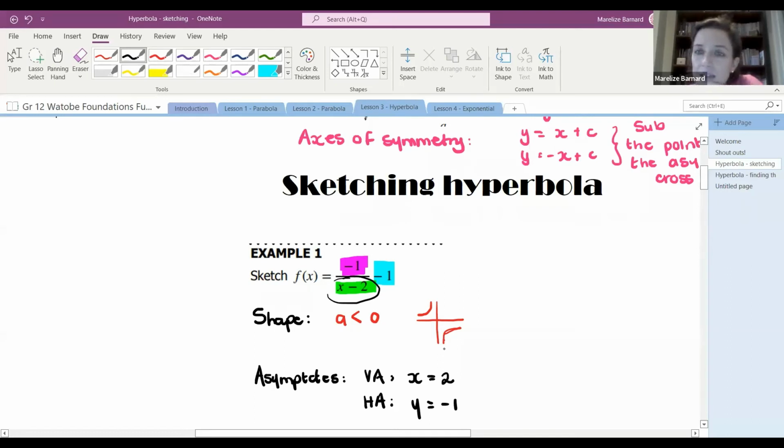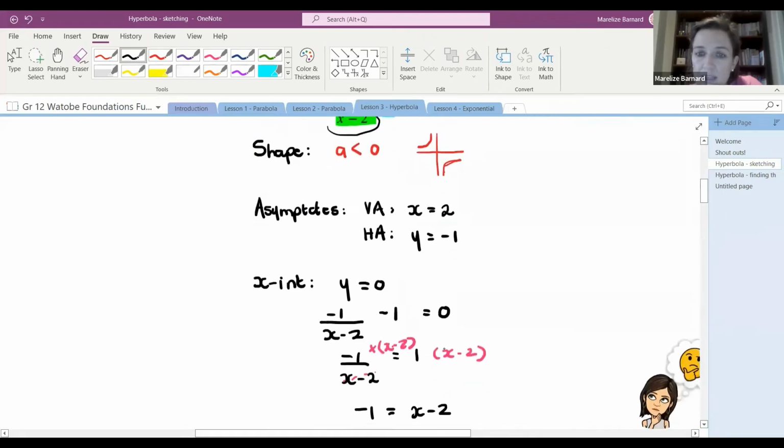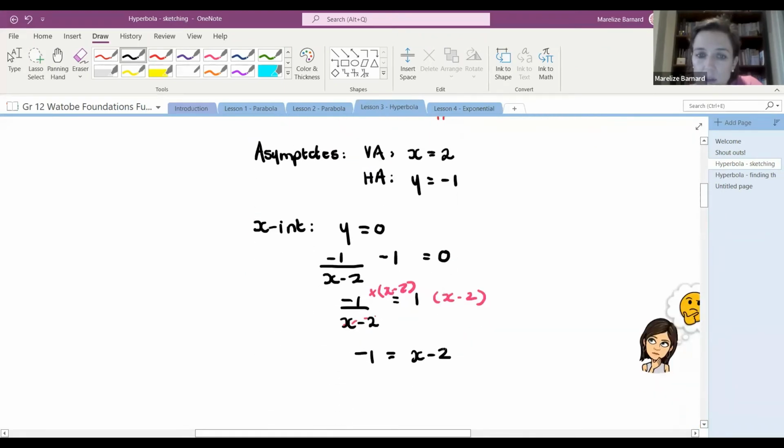Sasanda asks, can't you take the -1 over from a division to a multiplication? I'm not entirely sure what you mean. Ma'am, I think she may be talking about how you got from -1 over x minus 2 minus 1 equal to 0, and then the 1 went over and became +1.